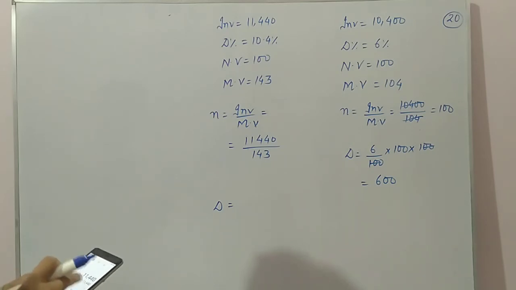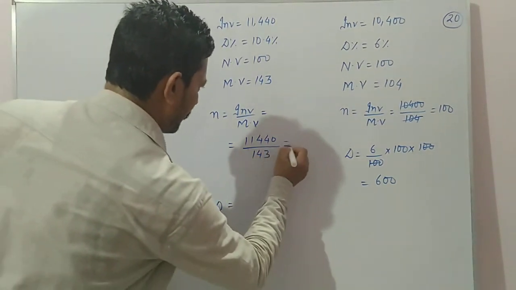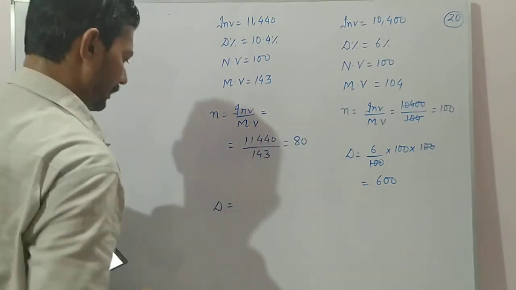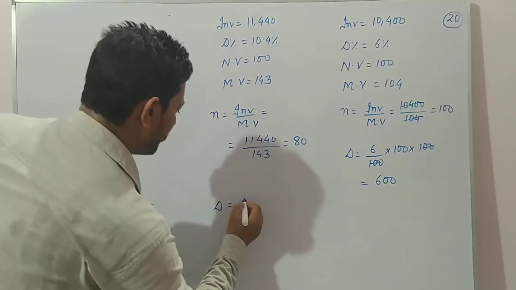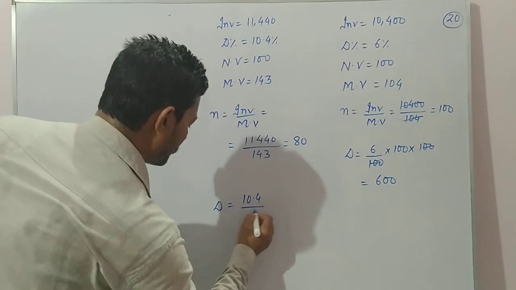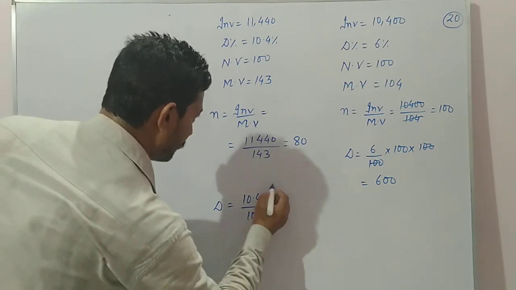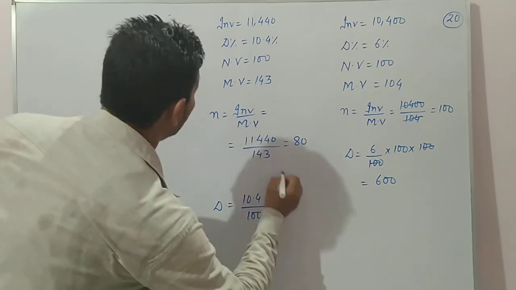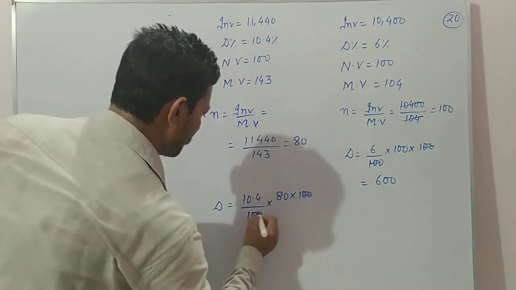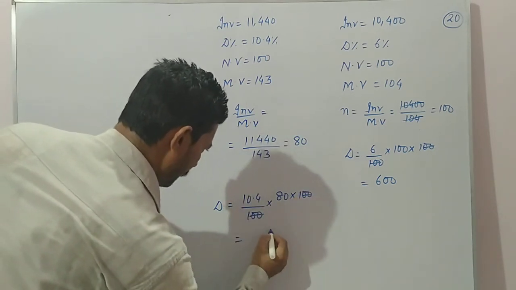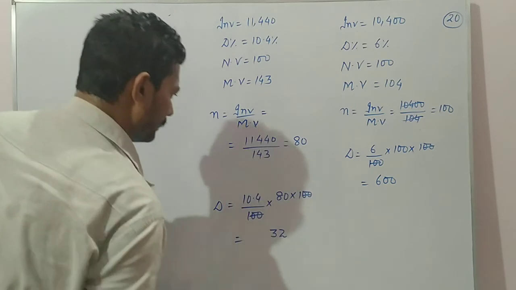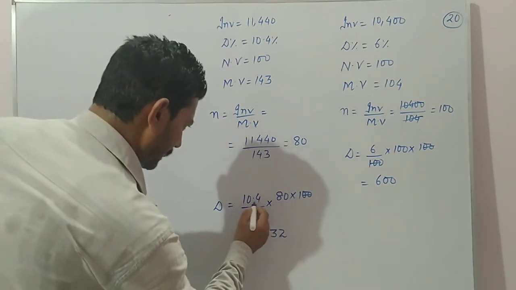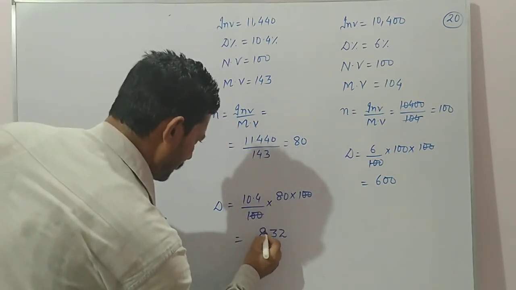11,440 divided by 143, the number of shares you get here is 80. Dividend is 10.4% by 100 into number of shares into nominal value, again 100. So 8 4s are 32, 832.